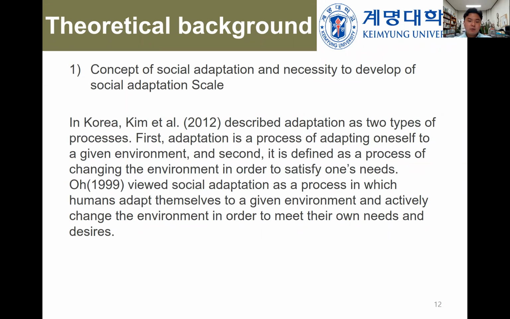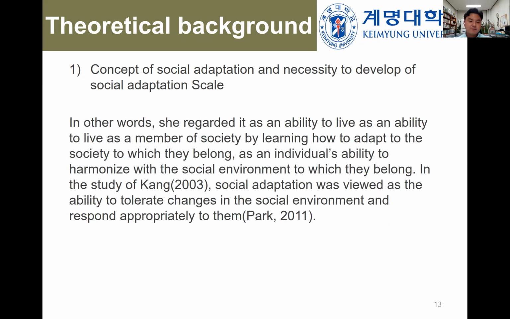In Korea, Kim and Roll describe adaptation as two types of processes. First, adaptation is a process of adapting oneself to a given environment. And second, it is defined as a process of changing the environment in order to satisfy one's needs. Another scholar viewed social adaptation as a process in which humans adapt themselves to a given environment and actively change the environment in order to meet their own needs and desires.